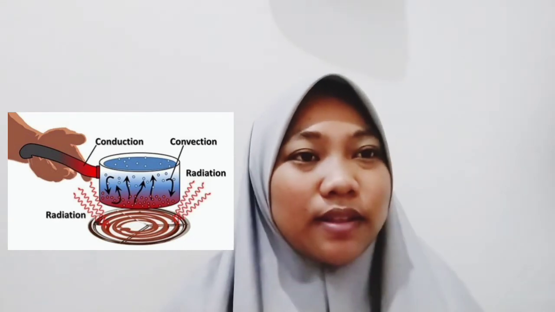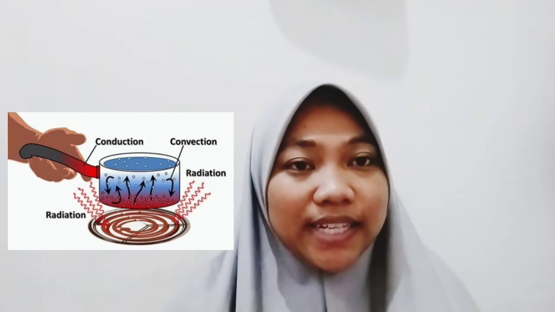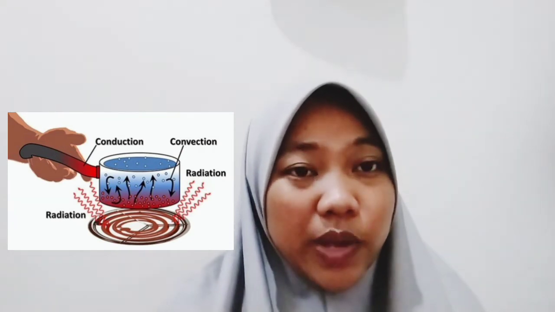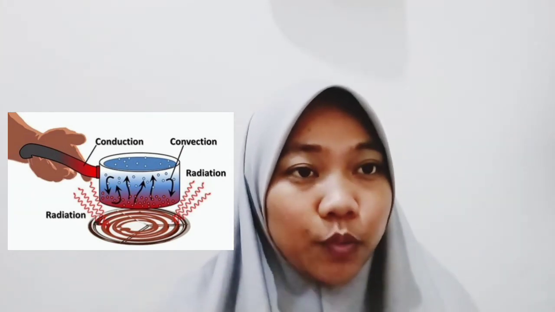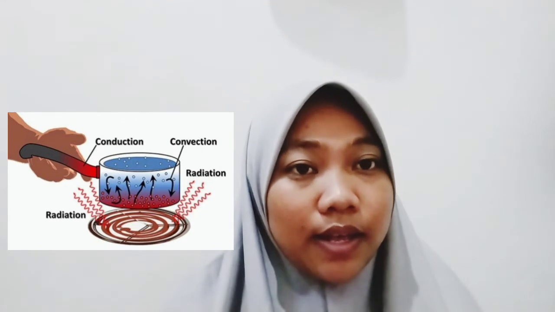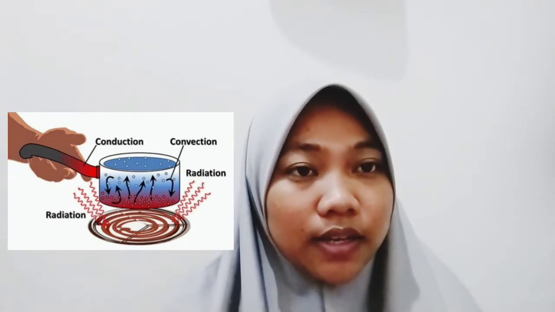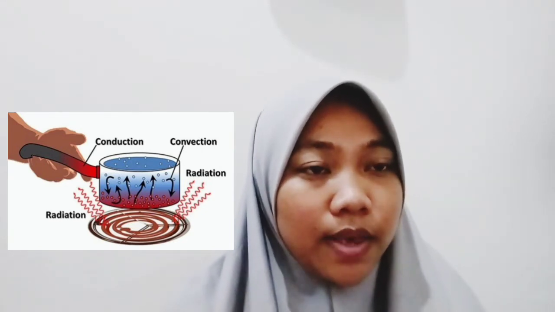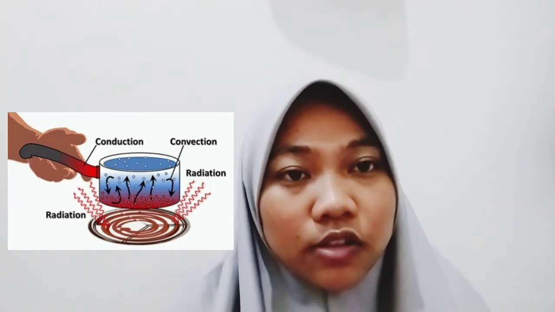Then the hot water at the bottom of the pan will move upwards to exchange position with the water at the top, resulting in heat transfer through convection. And the heat contained in the metal pot holder can be transferred to the top through the process of conduction.